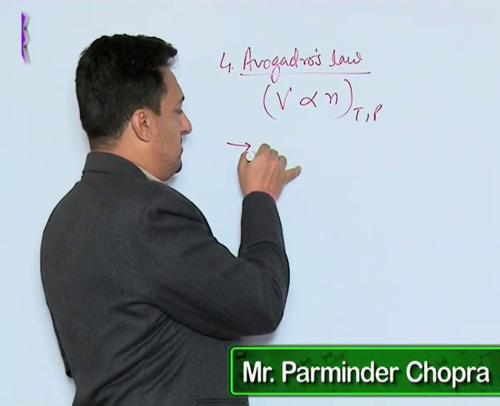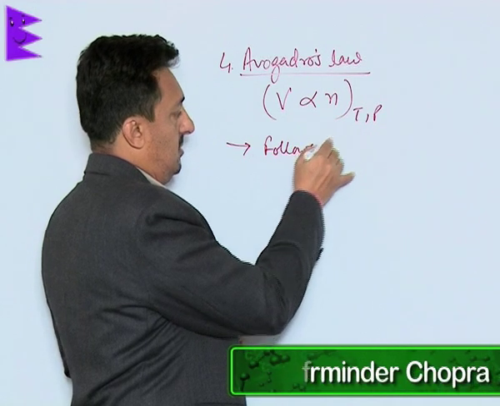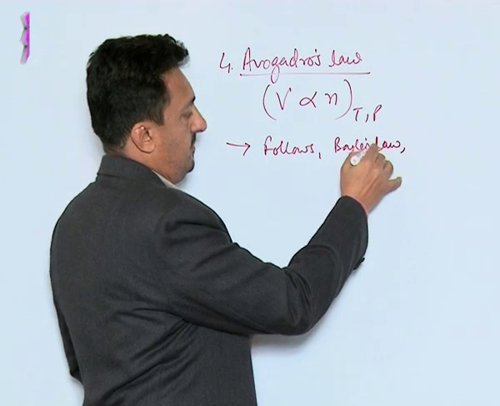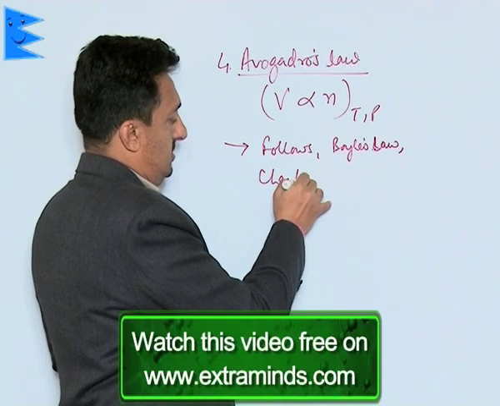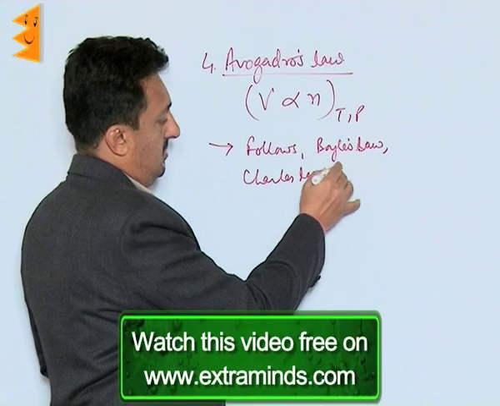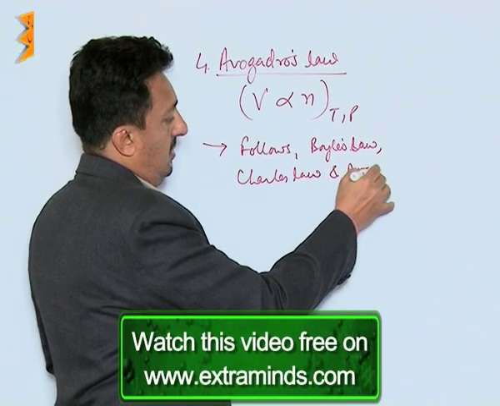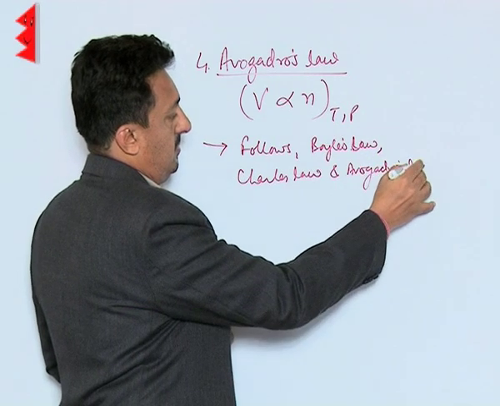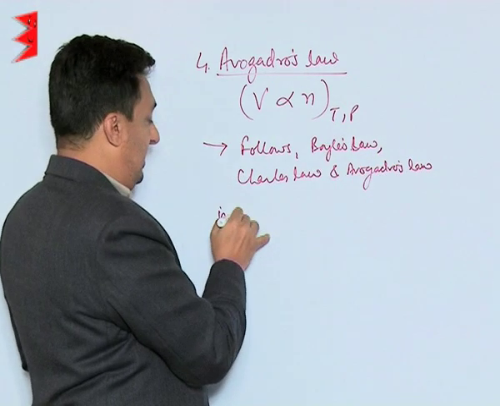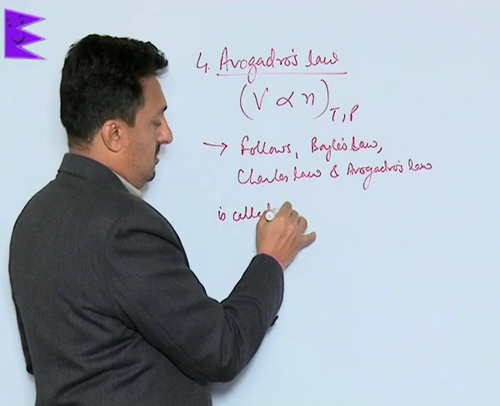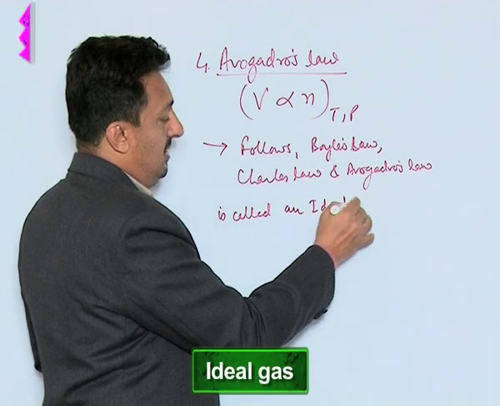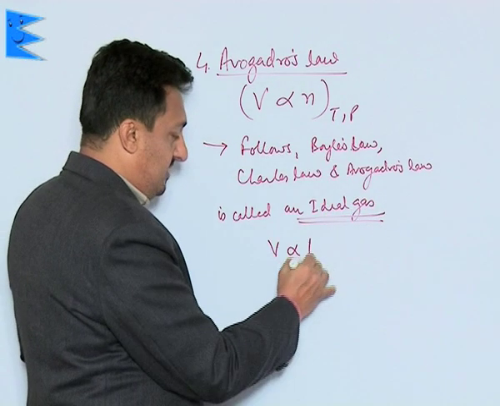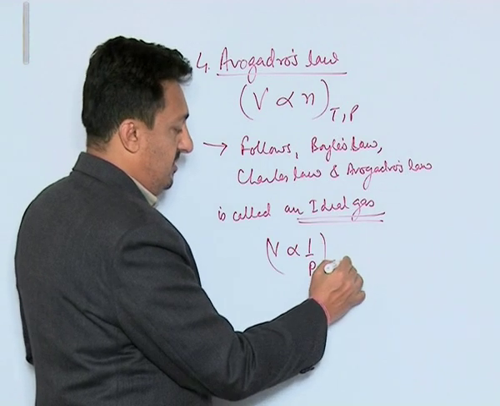Any gas which follows Boyle's law, Charles' law, and Avogadro's law strictly is called an ideal gas.